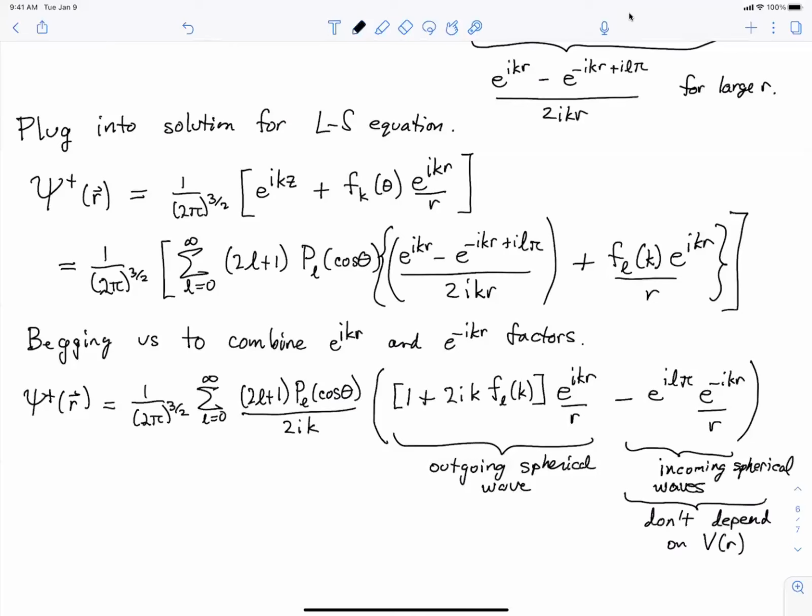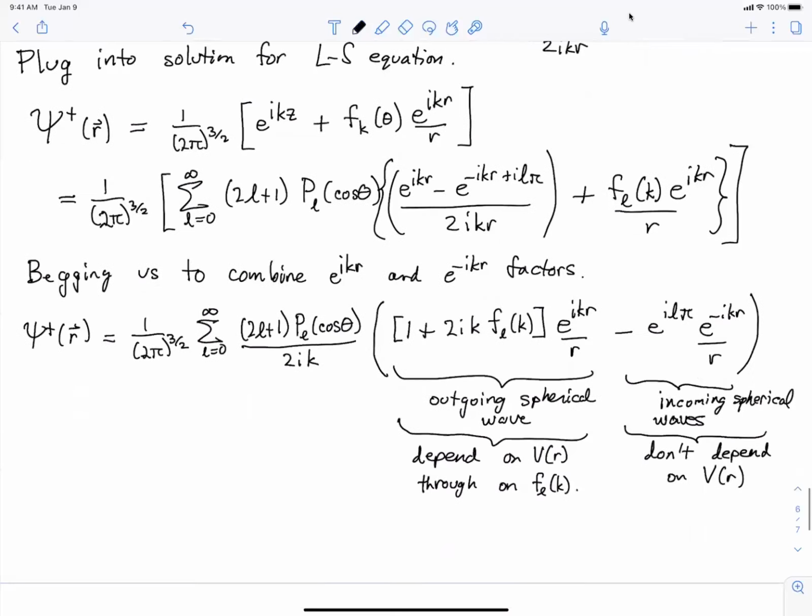The outgoing spherical waves have to know what the potential is because they scattered off of it. And so they depend on the potential through their dependence on the f_l of k's. So the logic is if you know the potential, then somehow you should be able to compute the f_l of k's, and that will tell you what your outgoing spherical wave is.